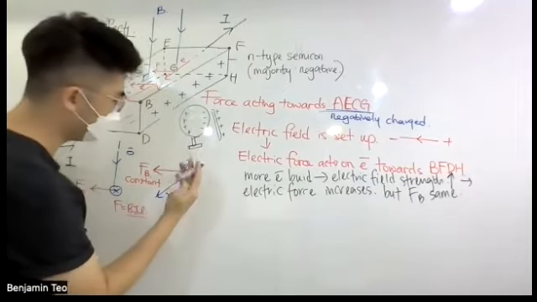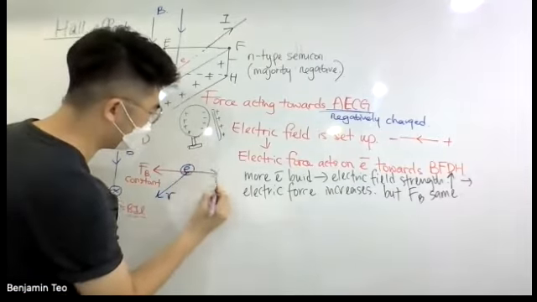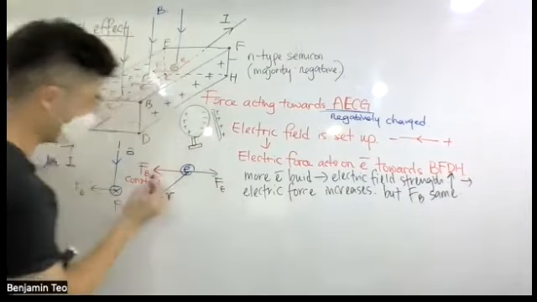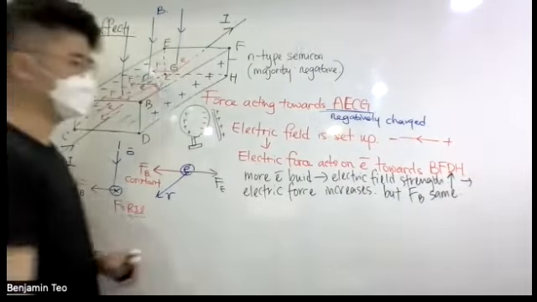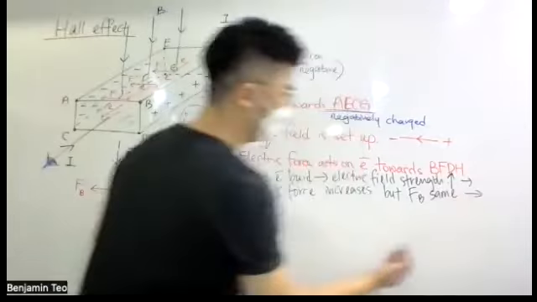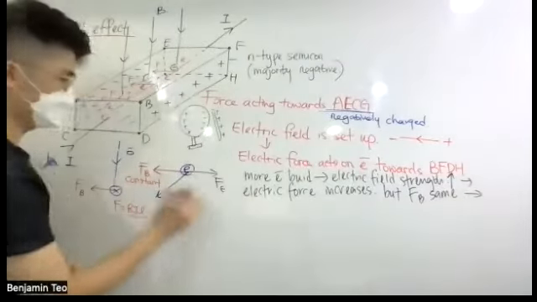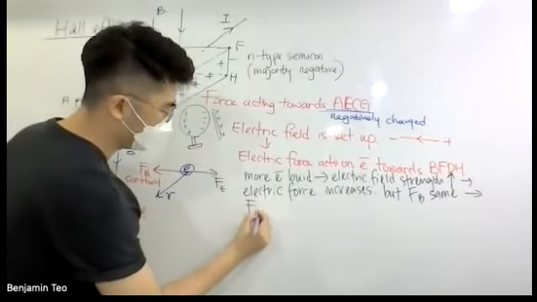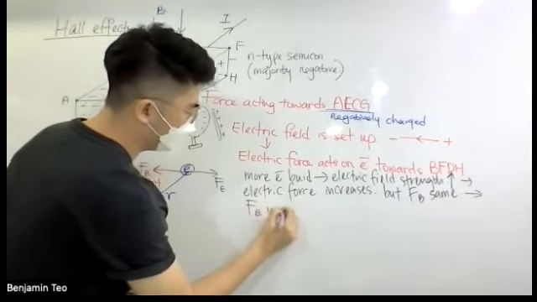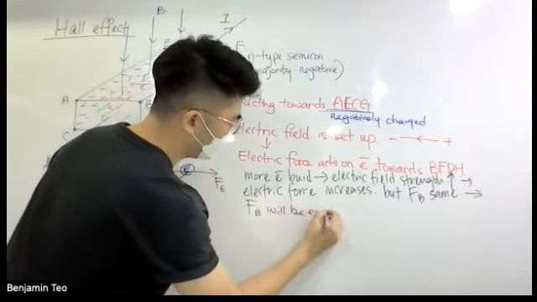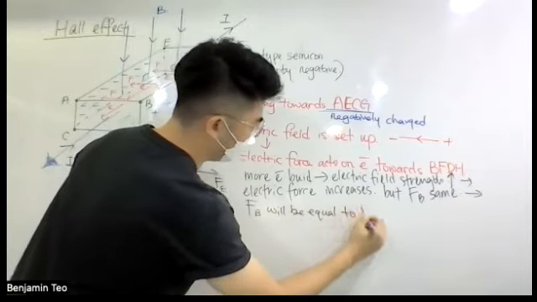So eventually this is going to be equal to this one. FB will be equal to FE.